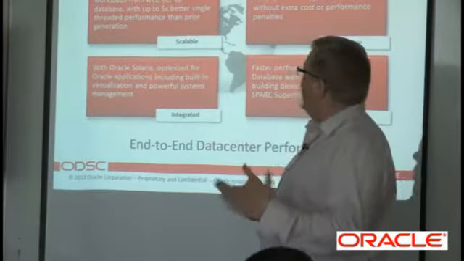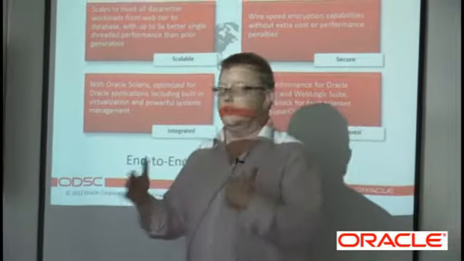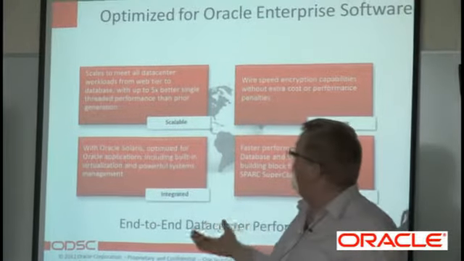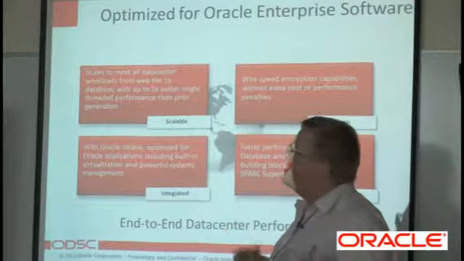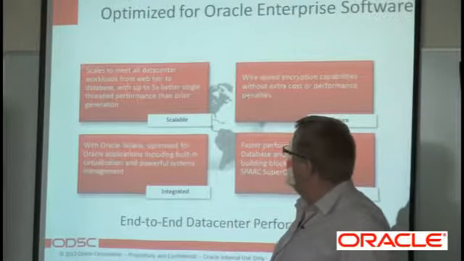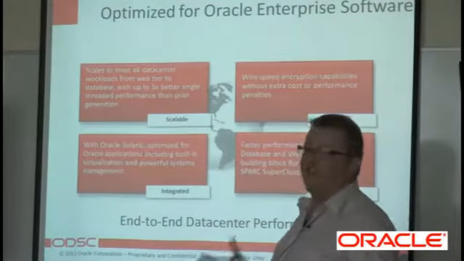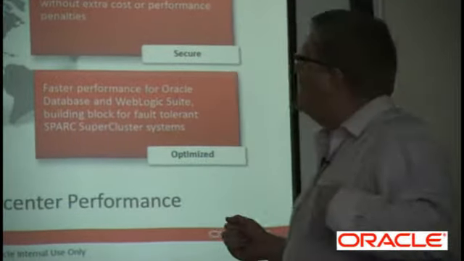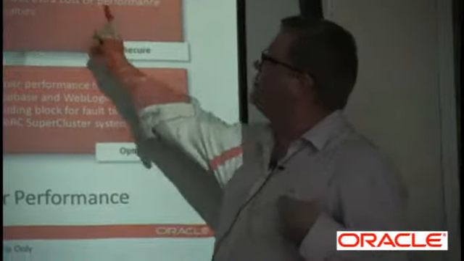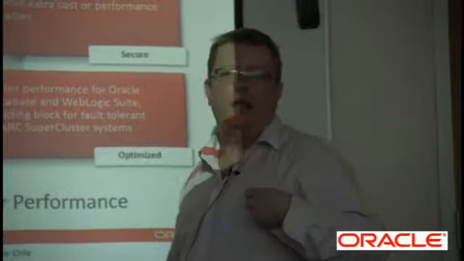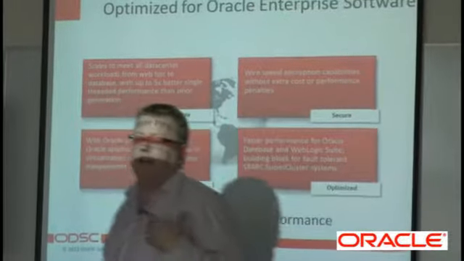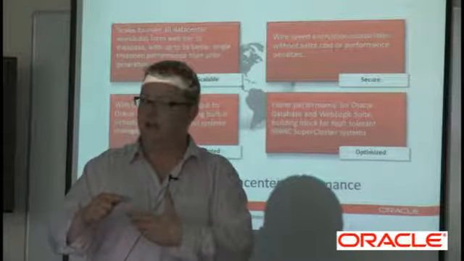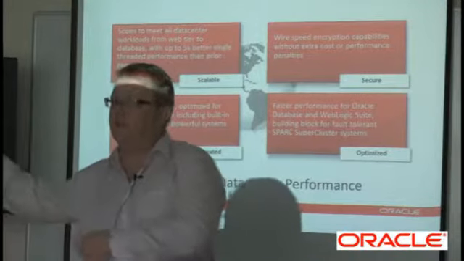Okay. So once again, what we're talking about is the full stack and the T4. It's optimized for Oracle enterprise software. Scales to meet all the data center needs, all the workloads. It's 5 times better than the previous one, which is the T3. It's very secure. There's wire speed encryption on this, so it doesn't take an overhead of having to go somewhere, encrypt the data, and unencrypt it as it goes out.